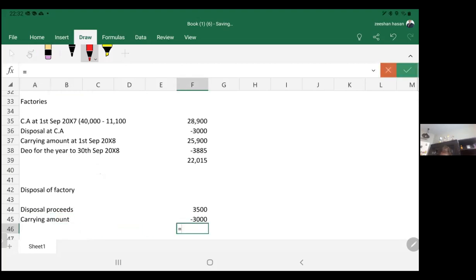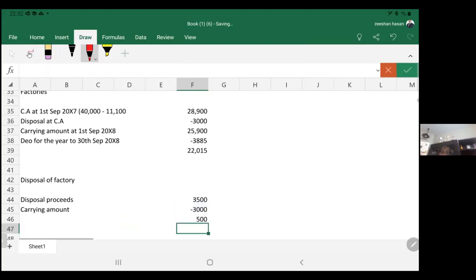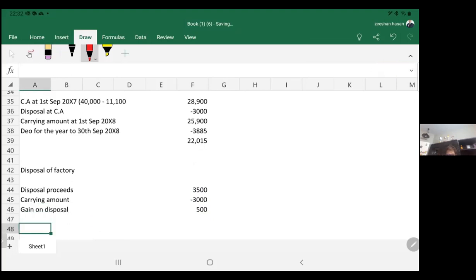So we will get our gain on disposal is equal to sum. Just drag it down. 500 is the gain on disposal. All done.